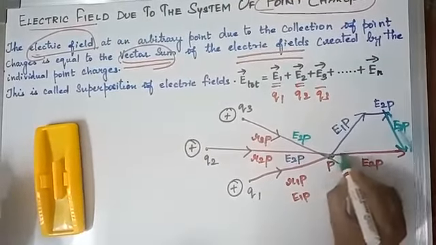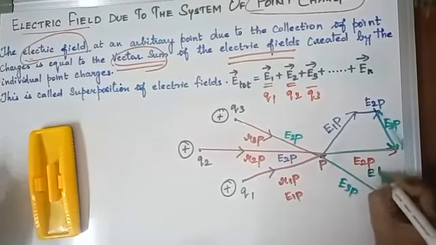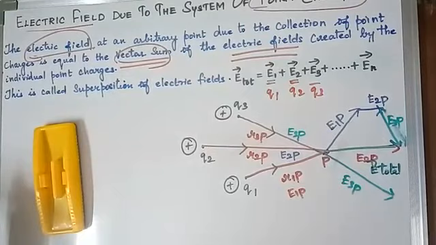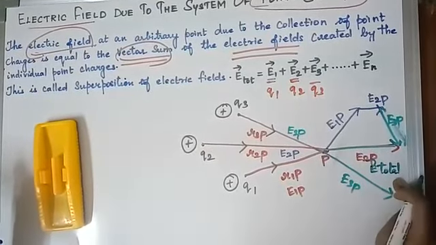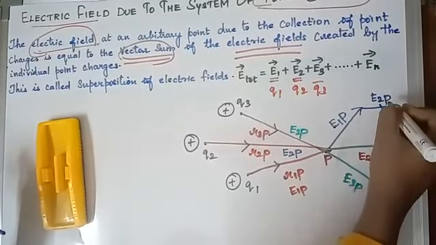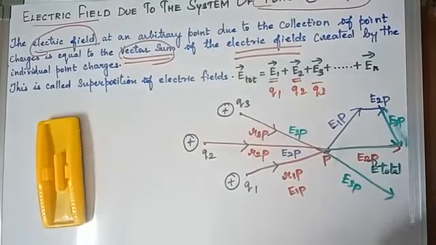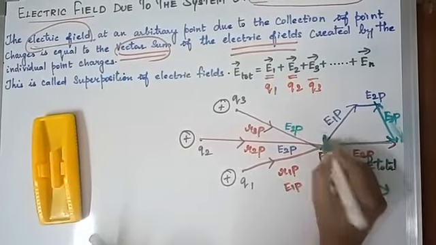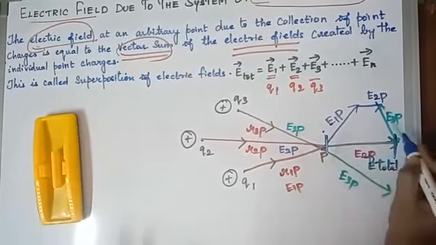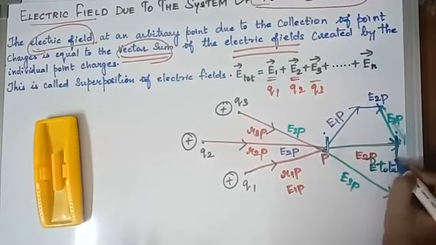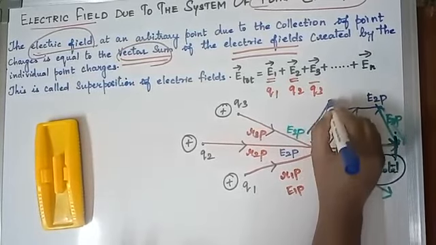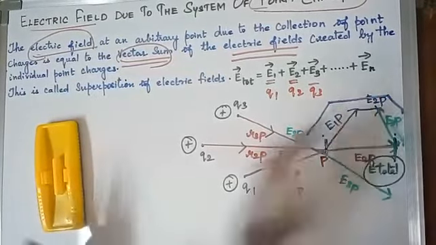So this last vector can be taken as E total. My total electric field is E1P plus E2P plus E3P. This is my initial point and this is my final point, so from the initial point I go E1P, E2P and then E3P.